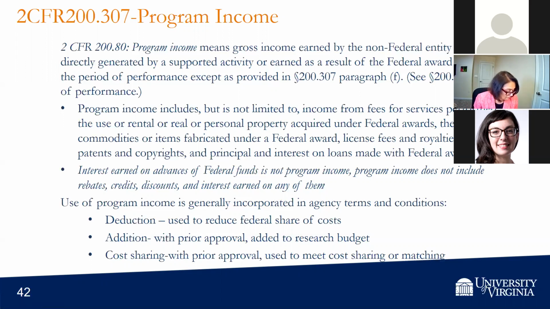But the rule of thumb is, if we have received program income, we should apply that to reduce our billing to the government. And it is done by us, by PostAward, when we are submitting our letter of credit draws to the government. Now, we can use program income to fund cost sharing, but we do need prior approval, sponsor approval for that.